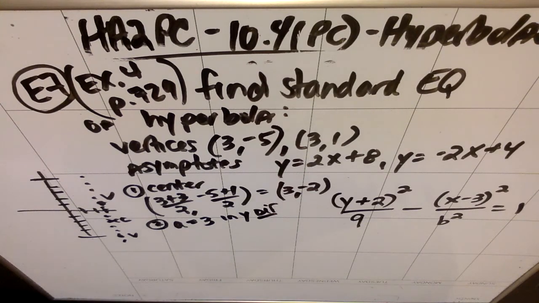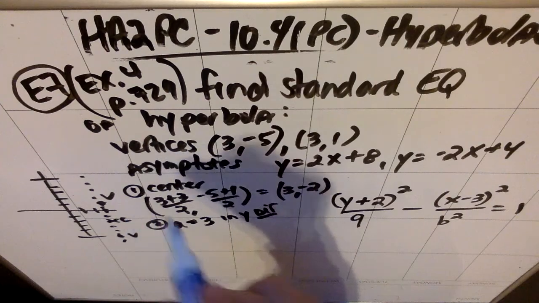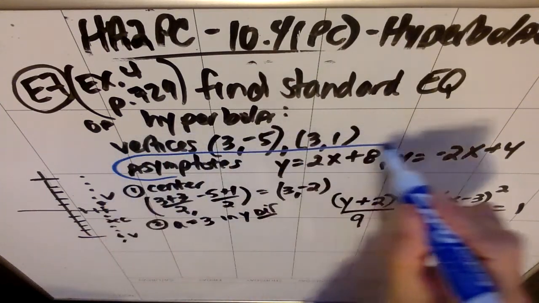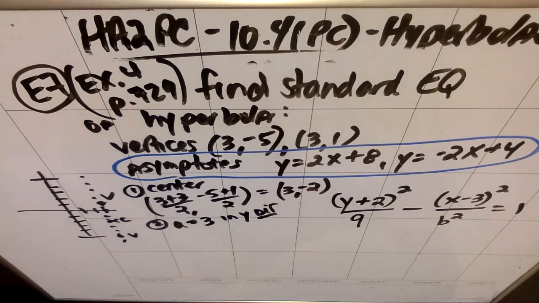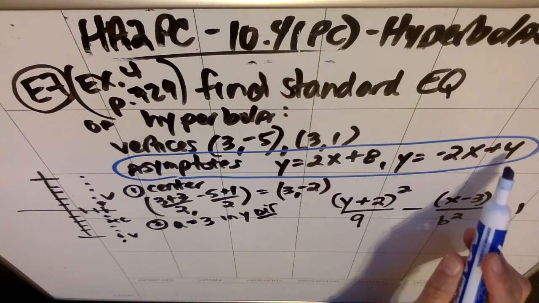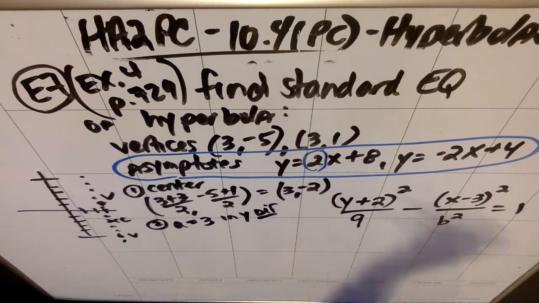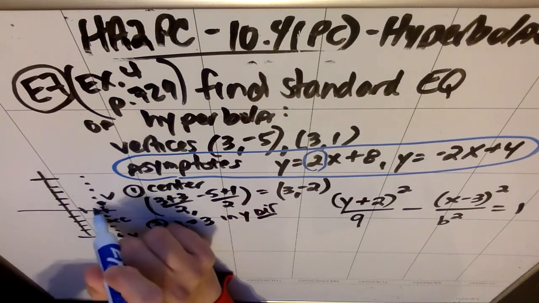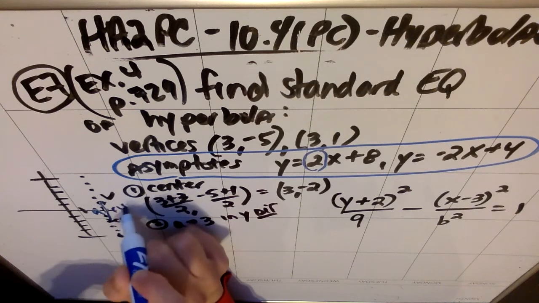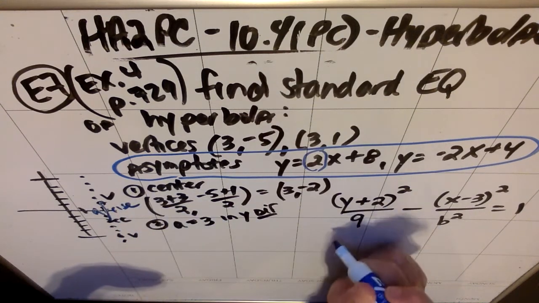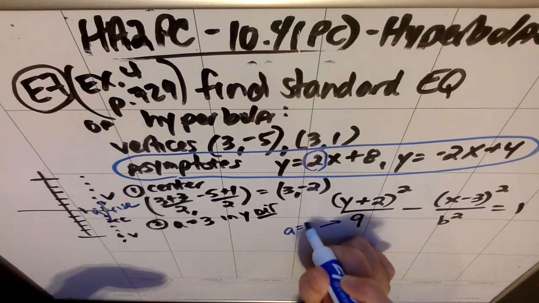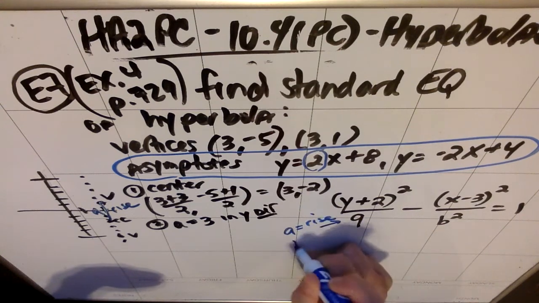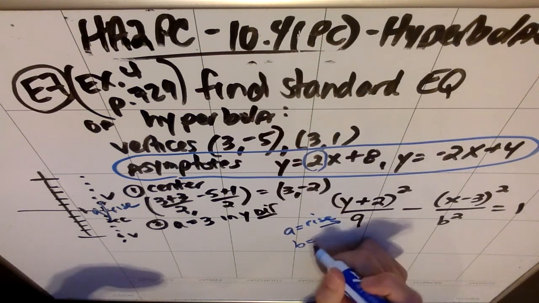So the other information that they gave me right here has to be what I need to find b. If you remember the way the slopes work, I don't need the +8 and the 4. What I need to notice is that this slope is a 2. Remember that the a direction is going to be your rise because a is under y, and b, which is under the x, is going to be your run.